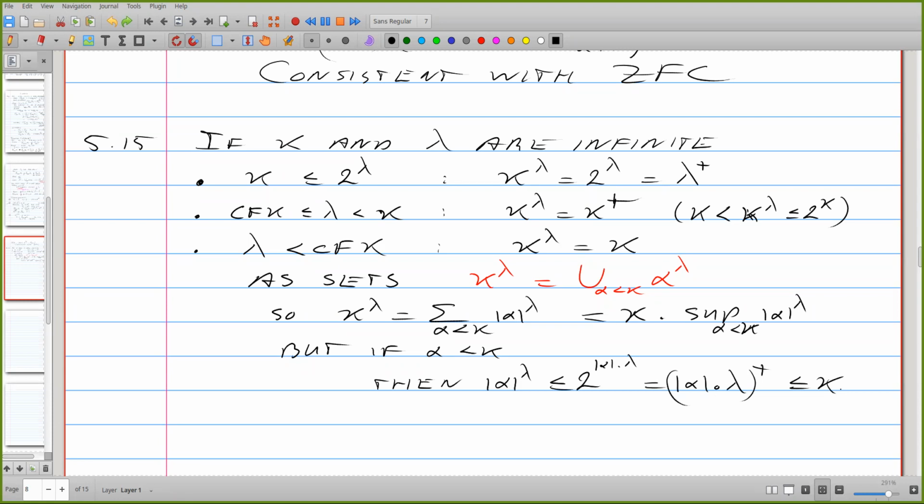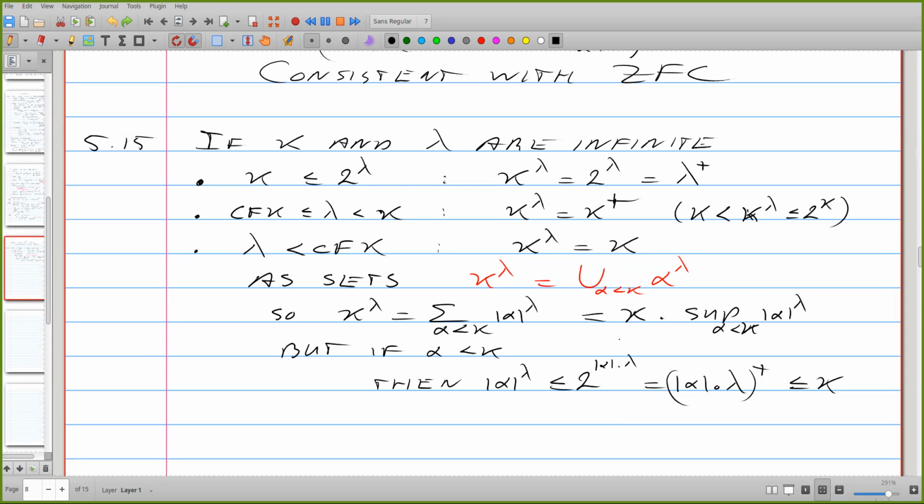If we look at alpha to the lambda, then that is a set of functions from lambda to alpha. It's a subset of alpha cross lambda, and that means the cardinality is at most 2 to the cardinality of alpha times lambda. GCH says that is the plus of alpha times lambda, but alpha and lambda are both smaller than kappa, and that means their product is the maximum and their plus is less than or equal to kappa.